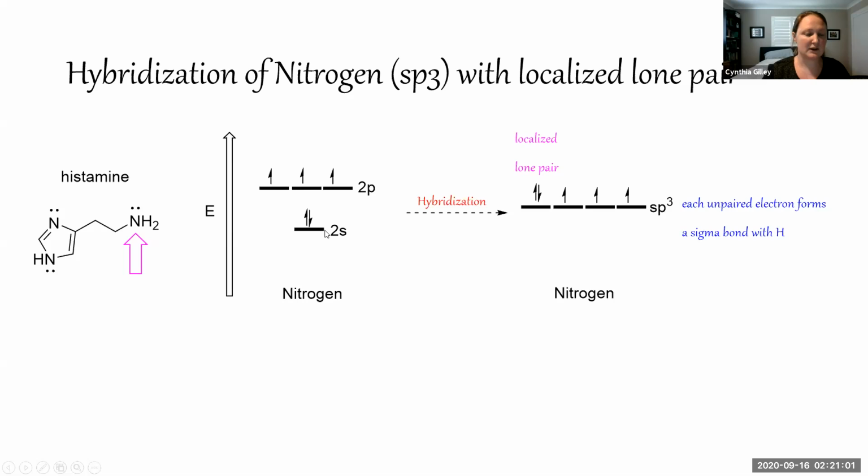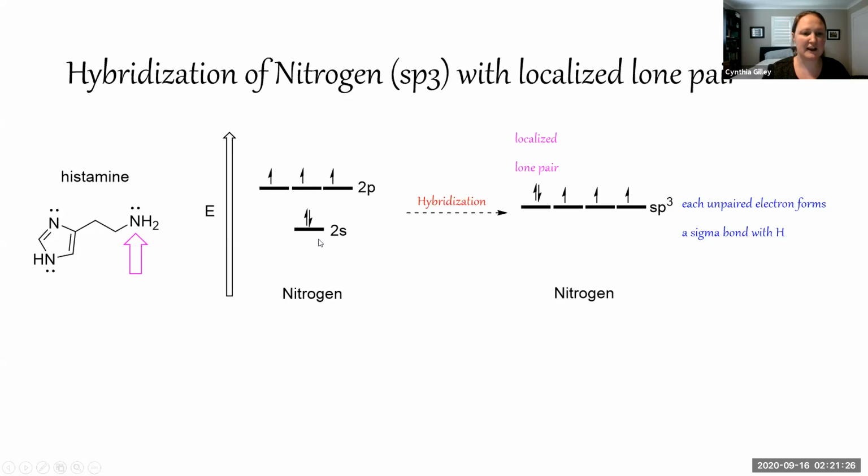Nitrogen has 5 valence electrons, so I've filled out 5 valence electrons here. Again, it's going to go to sp3 hybridization because it's making 3 sigma bonds, and we also include the lone pair because it's localized. So it has a steric number of 4, so we're going to hybridize to sp3.